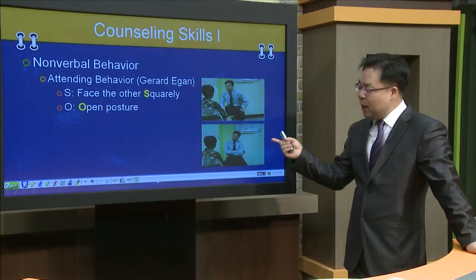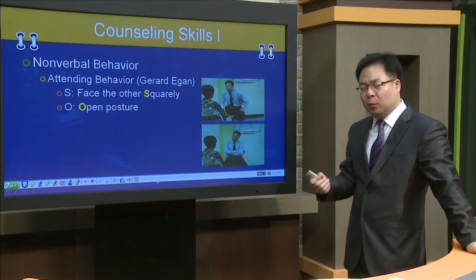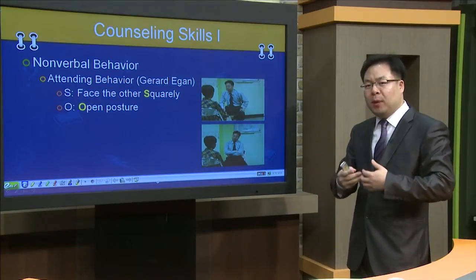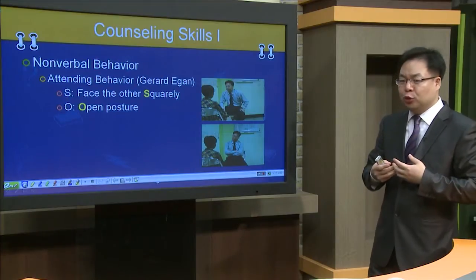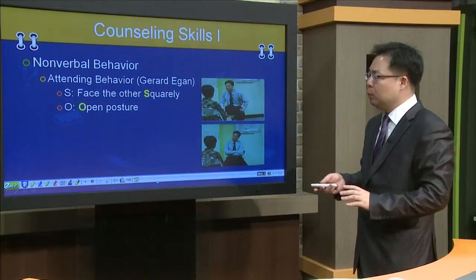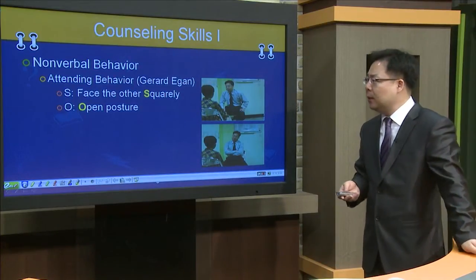Yeah, in the second one, the counselor looks like they are trying to judge or interpret a little bit negatively. But the first one is an open posture that makes the client feel more comfortable. So we want to show this type of body posture as a counselor. That will be better in helping the client.